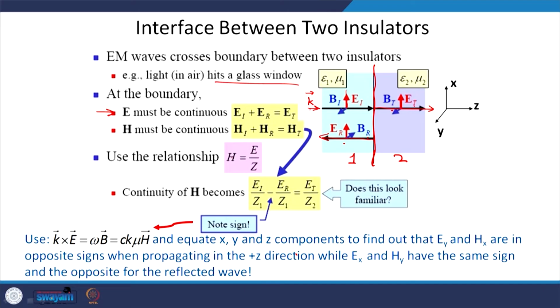So, using this relationship we come to this continuity of H. You see that you can use this relation and equate the x, y and z components to find out Ey and Hx, and you will see that they have opposite signs.